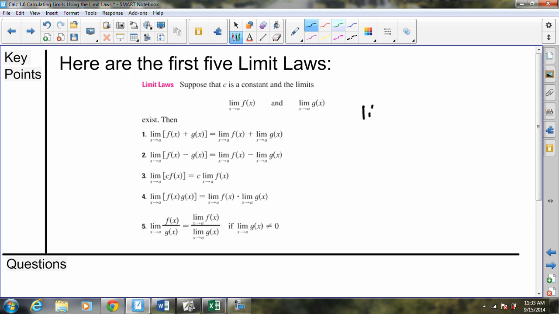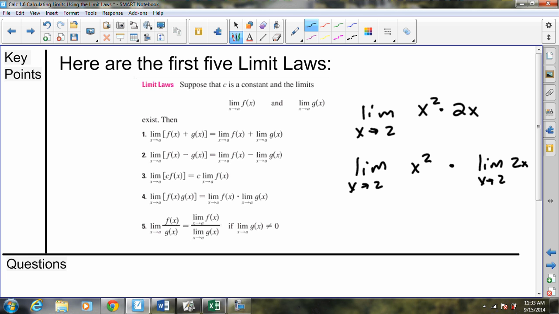So if we had the limit, as x approaches 2, of x squared times 2x, we would be allowed to split it up into 2 separate limits. A limit of the first part multiplied by the limit of the second part. That's limit law 4.